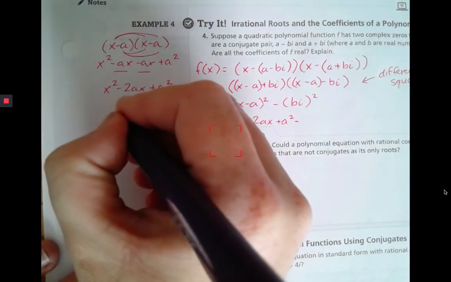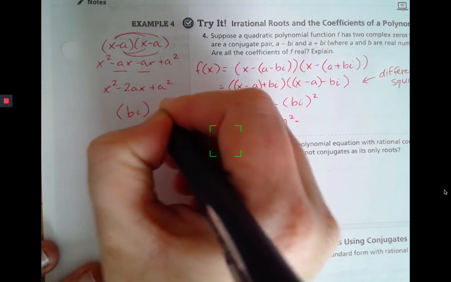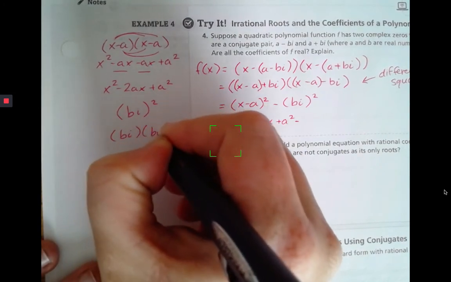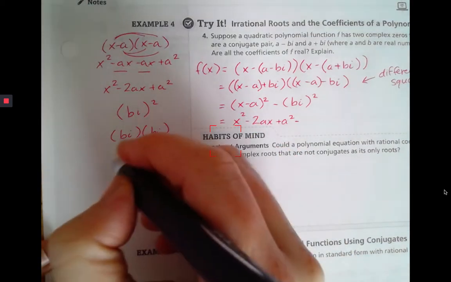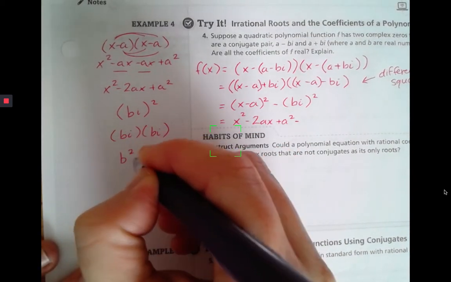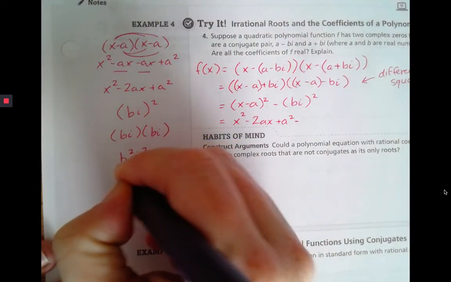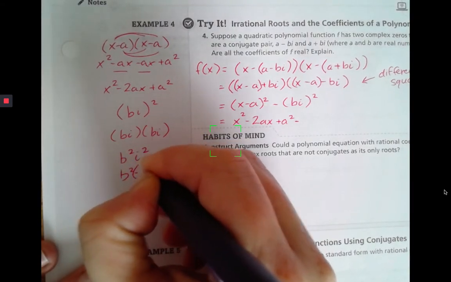Minus, so now we're going to square bi, which is the same as bi times bi. B times b would be b squared. I times i is i squared. Remember back from chapter 2, we said that i squared equaled negative 1.